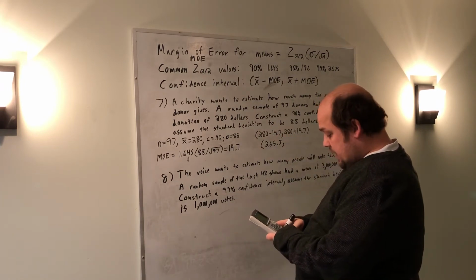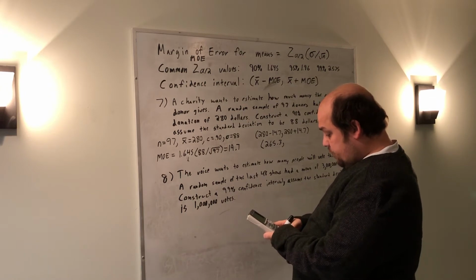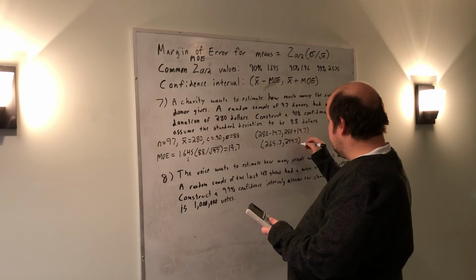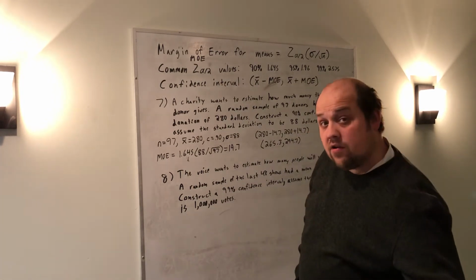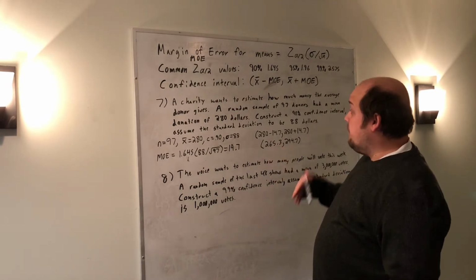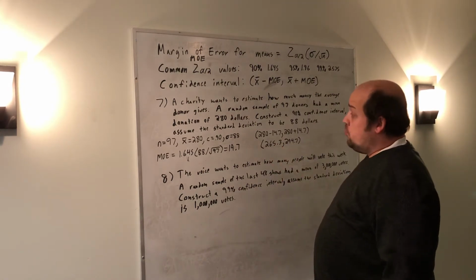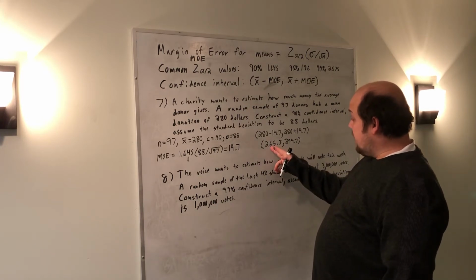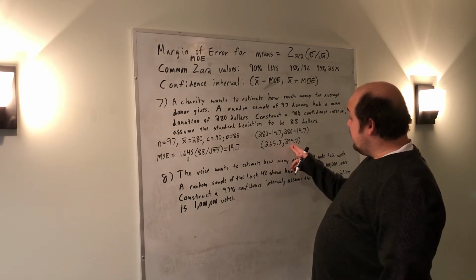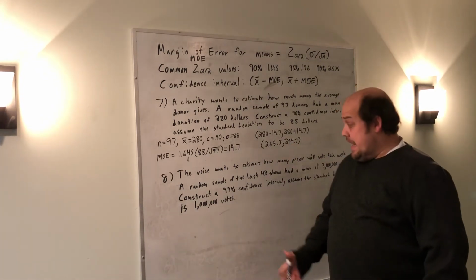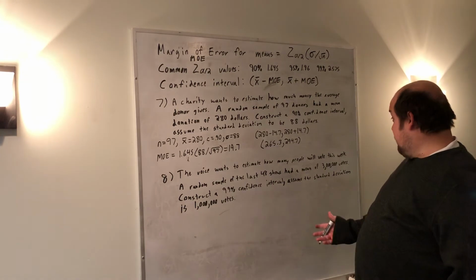When I do 280 plus 14.7, it gives me 294.7. So this is the final confidence interval for this word problem. Basically, I can say that I'm 90% sure that the true population mean donation is between $265.30 and $294.70.